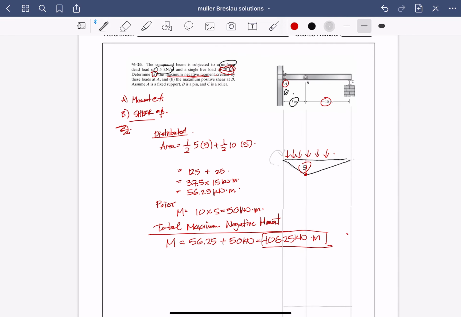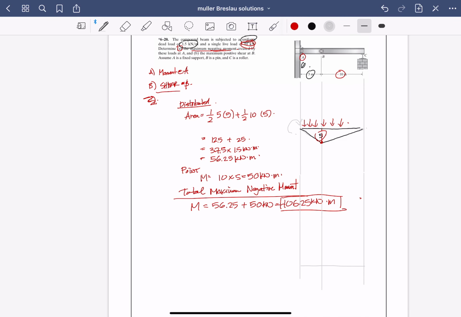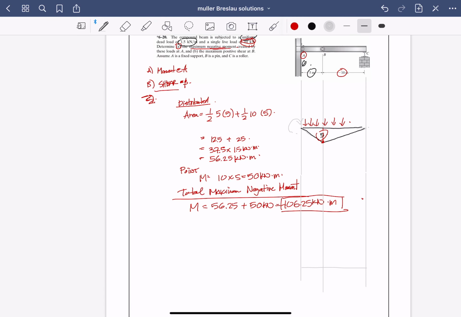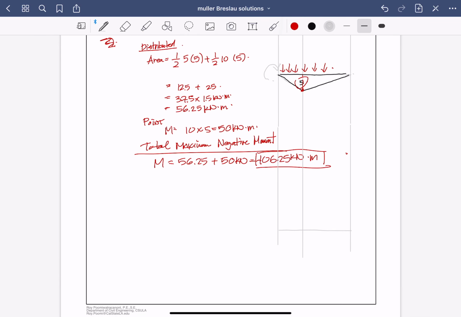Maximum positive shear at B. So point load up, right?